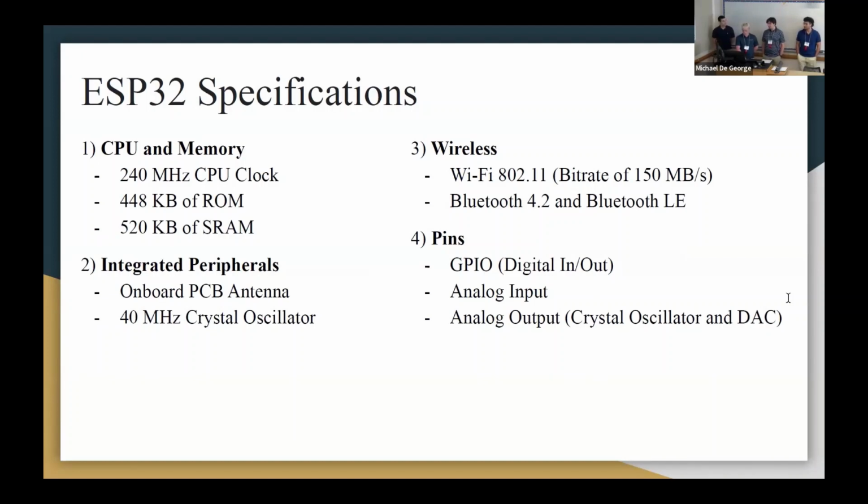For our wireless capabilities, it supports Wi-Fi 802.11 with a bit rate of 150 megabits per second, as well as Bluetooth 4.2 and Bluetooth low energy. The pins we discussed before, but it has GPIO pins, analog input, and analog output that's supported through the DAC and the crystal oscillator.